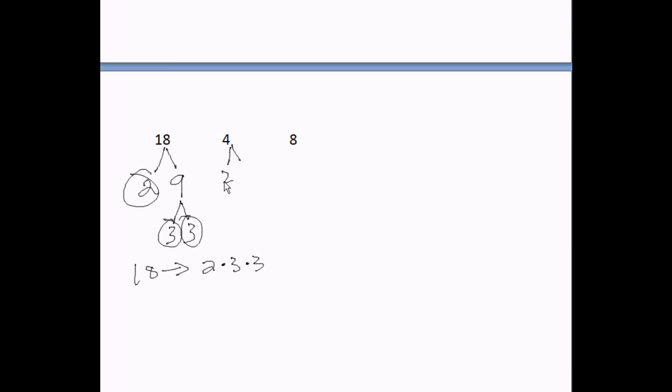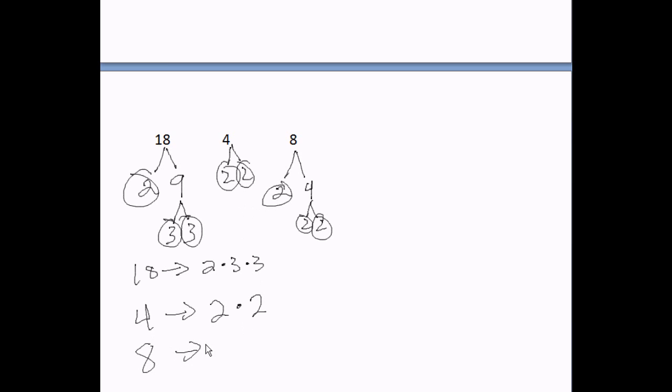Prime factor 4. 2 times 2. And prime factor 8. 2 times 4. 2 is prime, 4 is not. 2 times 2. So 8 prime factors to 3 2s. 2 times 2 times 2.